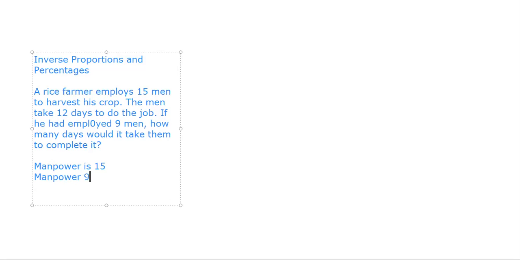So that means less hands. So therefore, more time, right? If you understand, 15 men will do the job faster than 9 men would. So let X be the amount of days the men would take.